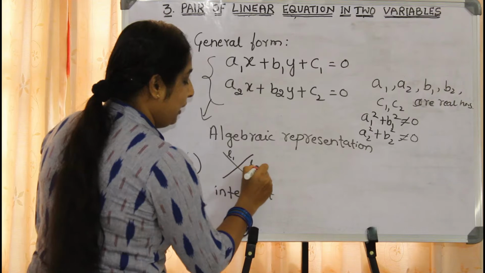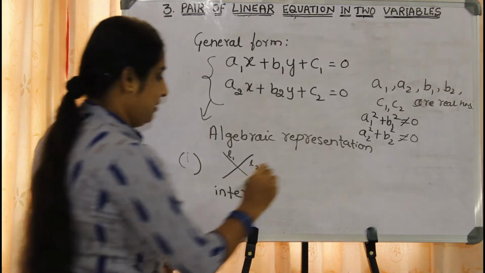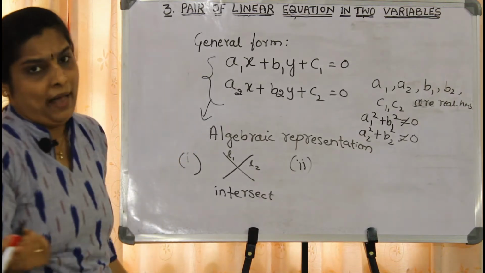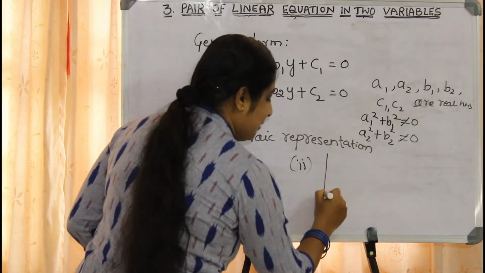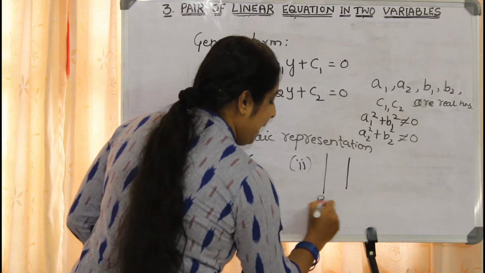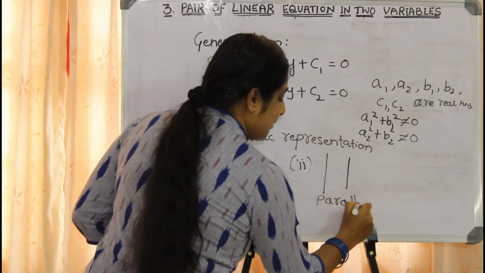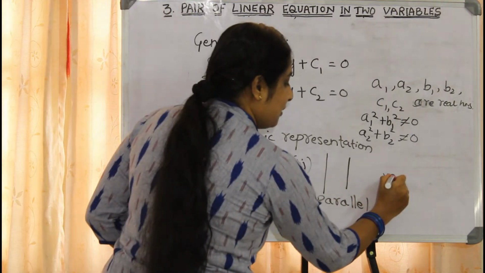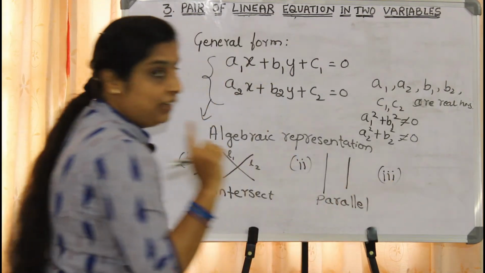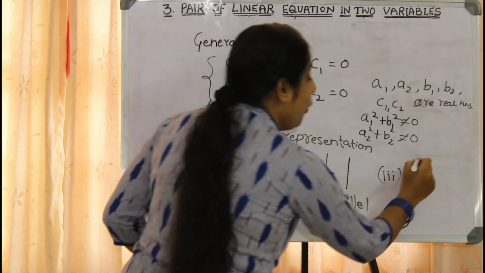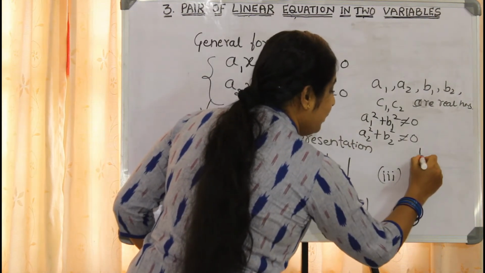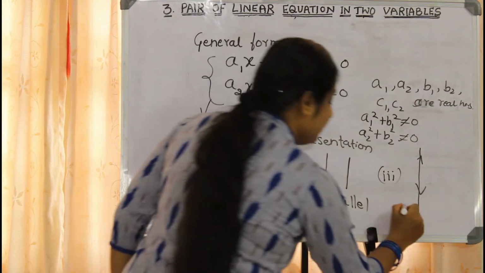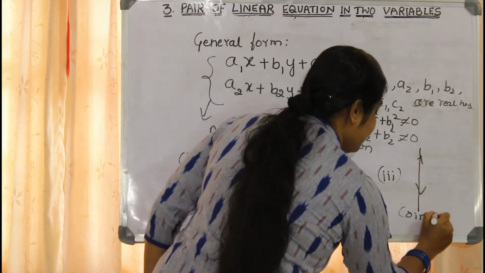Line 1, line 2 can intersect, or else these two lines might be parallel. And the other case: they might be coincident. That means both the lines lie one on the other, we call them coincident.